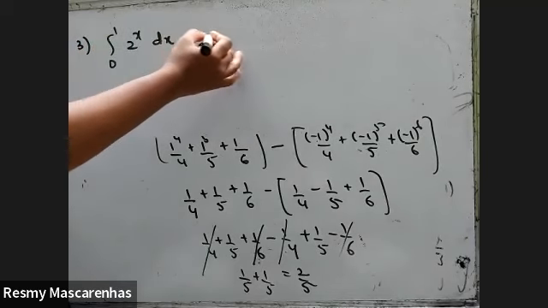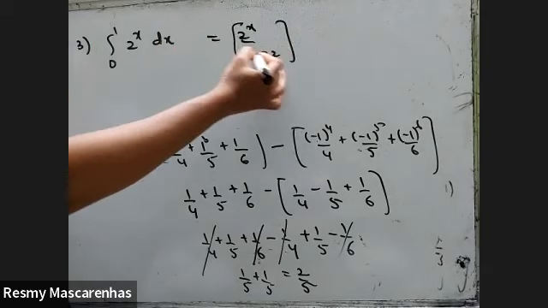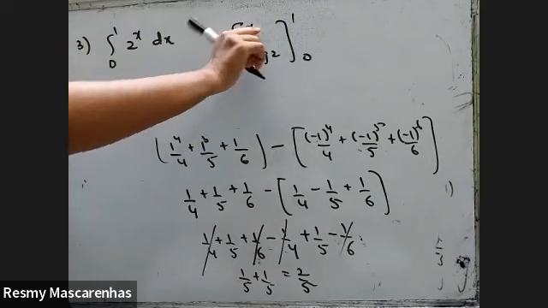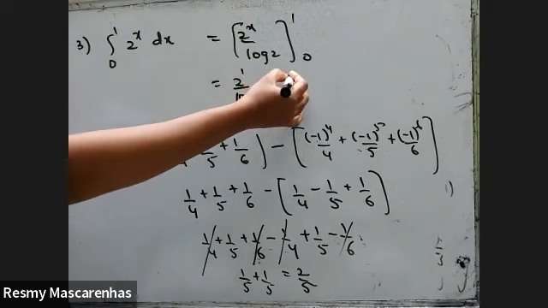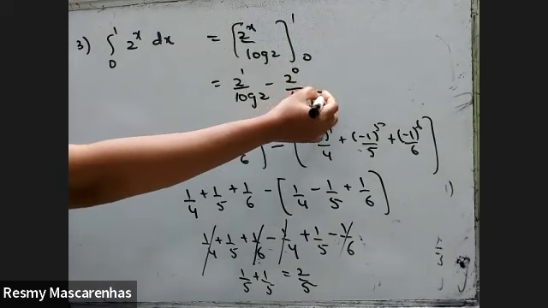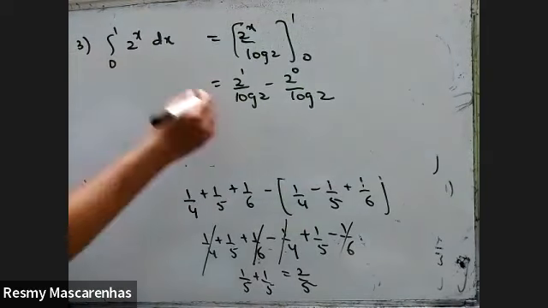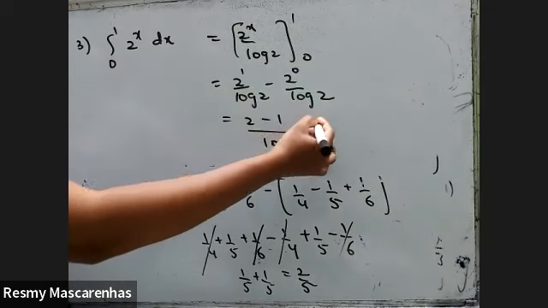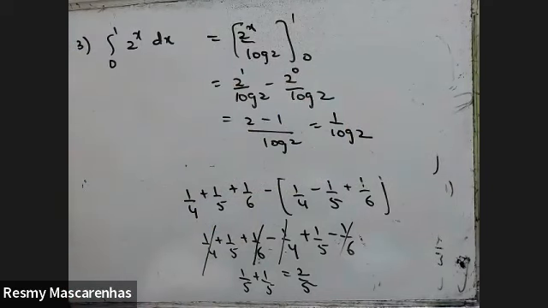So the integral of a raised to x is nothing but a raised to x upon log a. This will be from 0 to 1. And now just substitute. Wherever there is x, you have to put 1. 2 raised to 0 is 1.